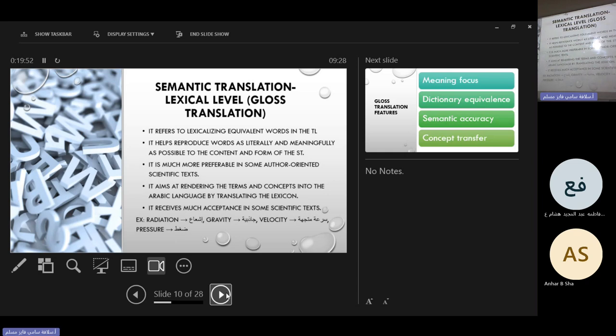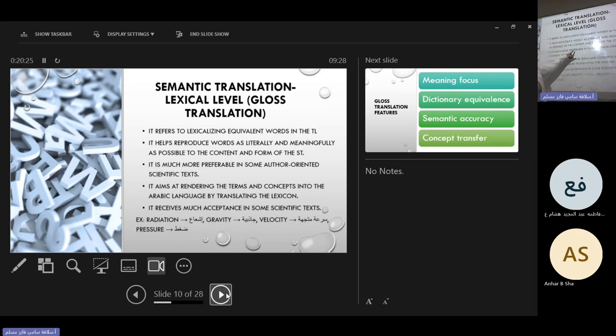It refers to lexicalizing equivalent words in the target language, to give actual Arabic words a translation meaning. It helps produce words as literally and meaningfully as possible to the content and form of the source text. We're still in the semantic, still talking about literal translation.